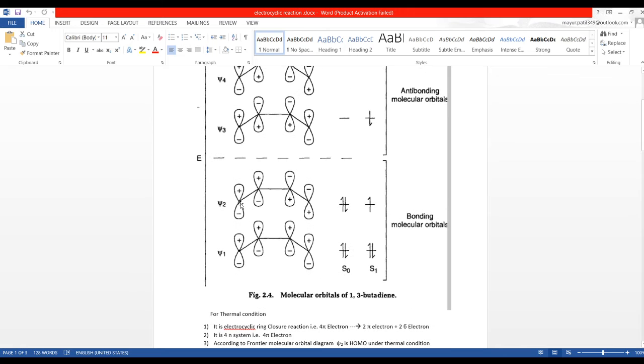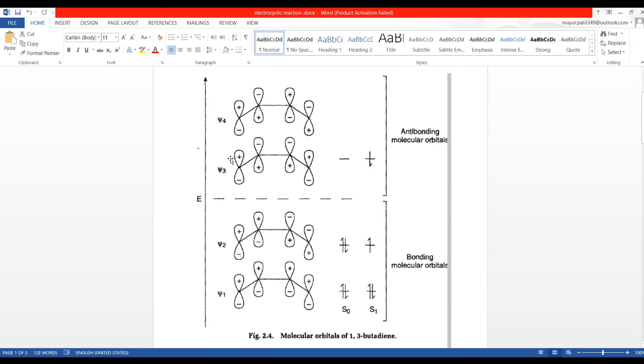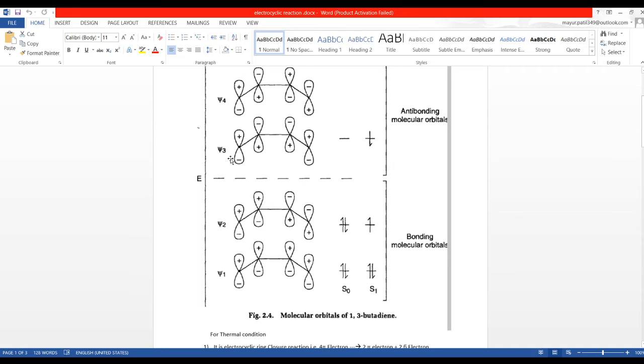Then, which kind of symmetry? There are two kinds of symmetry. One is mirror symmetry and the second is C2 symmetry. In psi1, if a plane passes through the middle of the molecular axis, it divides the molecule into two equal parts, therefore it is considered mirror symmetry.